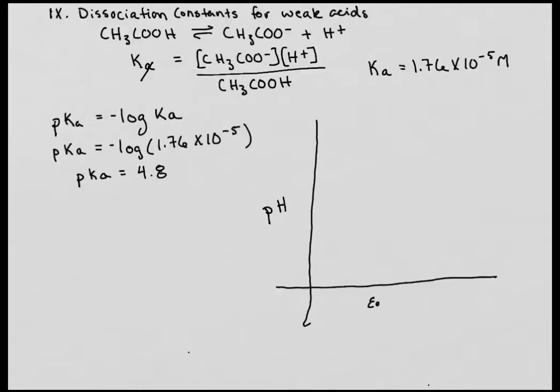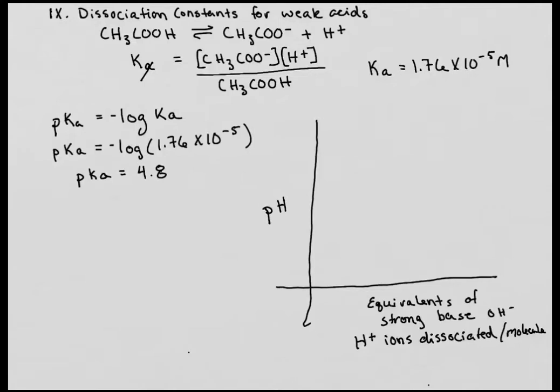and on the x-axis either the equivalence of strong base, that is OH minus, or we could look at this as also being the hydrogen ions dissociated per molecule of our weak acid.